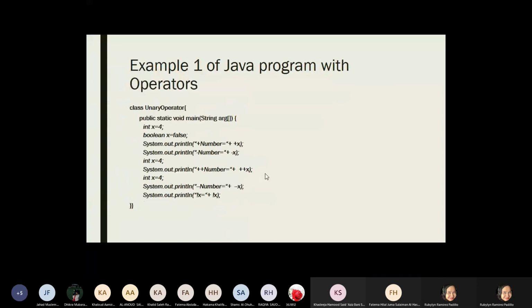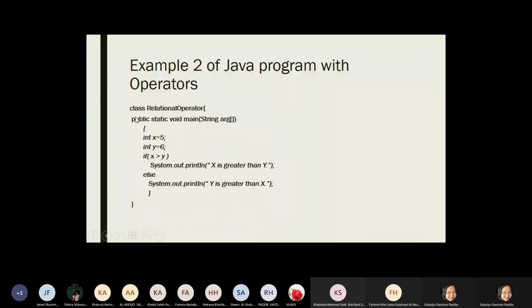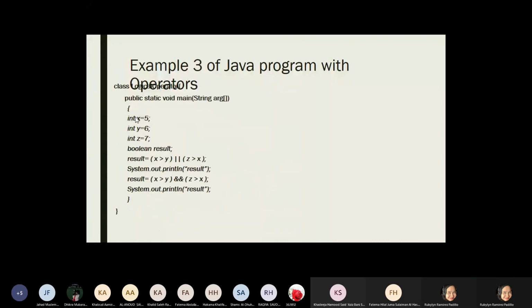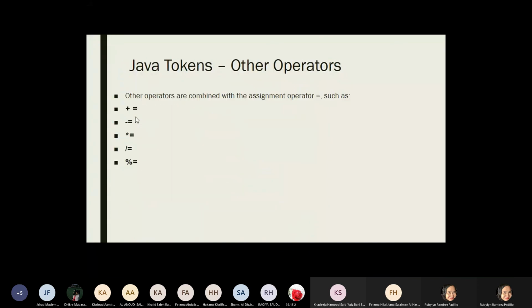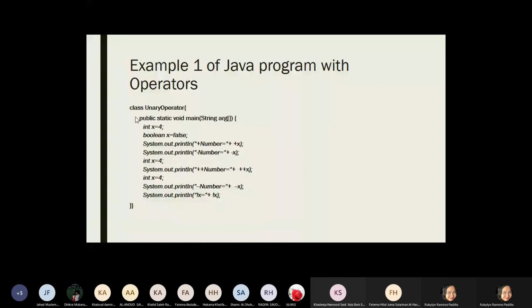So we have here one sample program of Java operators. I'm going to copy and try this and see the output later on. So we'll have this as our first topic in our practical session on Thursday. Class, you already have to have your JDK and your NetBeans until Thursday.